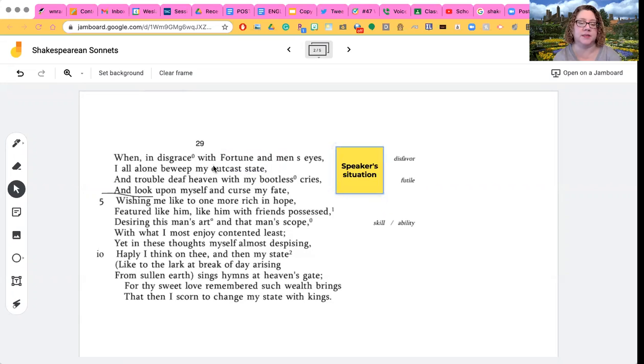And in this case, it's about being in disgrace with fortune and men's eyes. Now, fortune here is capitalized, and that's going to come up in literature later on too. He doesn't mean money. Fortune here is referencing the goddess Fortune from mythology, who is the goddess of fate.